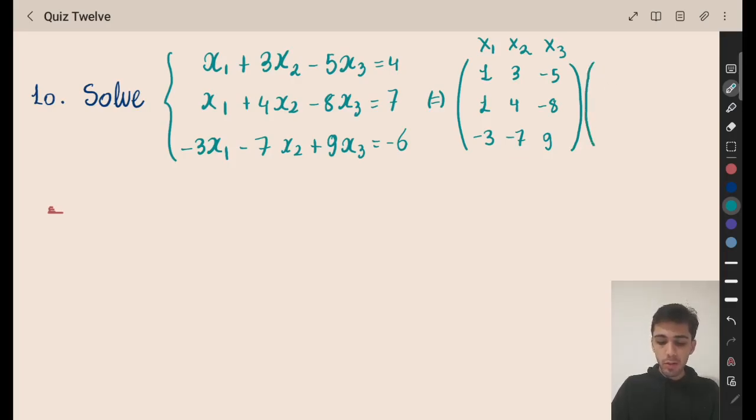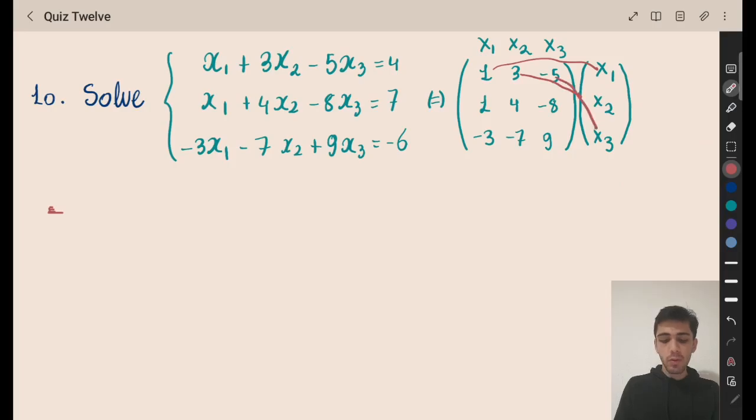And then there is my matrix, my vector of variables. So if you know how to apply a matrix to a vector, you would know that if you distribute this, you get the following.